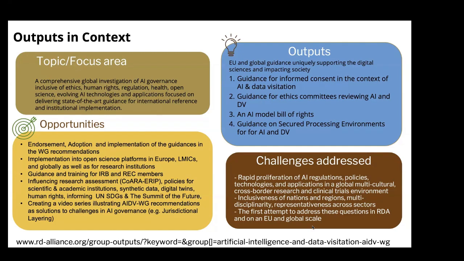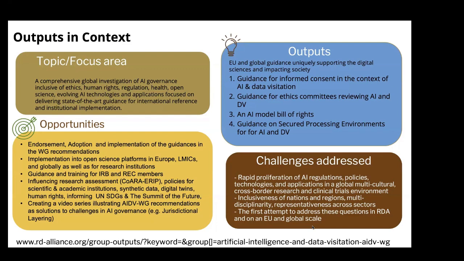The rapid proliferation of AI regulations. When we started, there were about 200 AI policies and laws on the books 2 years ago. Now there are over 2,000 and growing. 70 new laws at the US state level alone in the past 2 years. This is incredible proliferation and a reason why RDA is a great place to convene conversations about this rapidly changing global landscape.